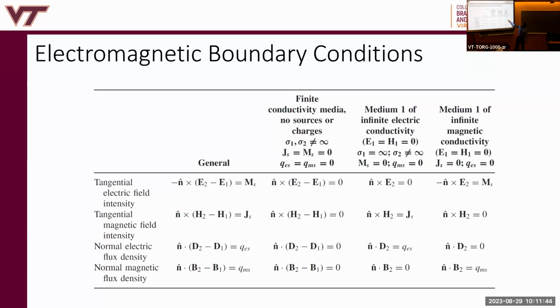Here we have a medium 1 of infinite magnetic conductivity, if it had such a thing. Then it would be the opposite: B would terminate on the magnetic charges, D would be 0 at the interface, and tangential H is 0, and then we have this relationship with the magnetic surface current that exists. All right? This table, refer to it when you're solving problems.